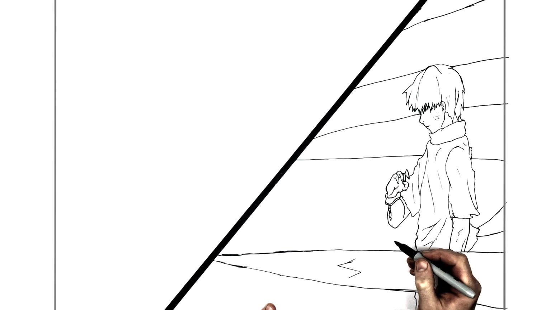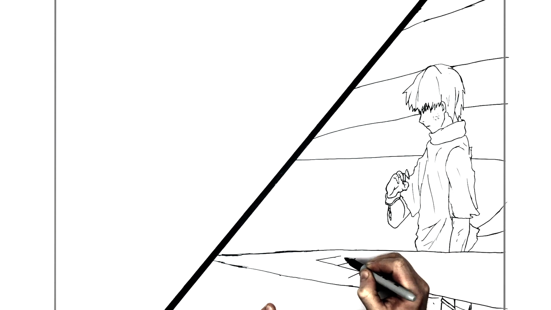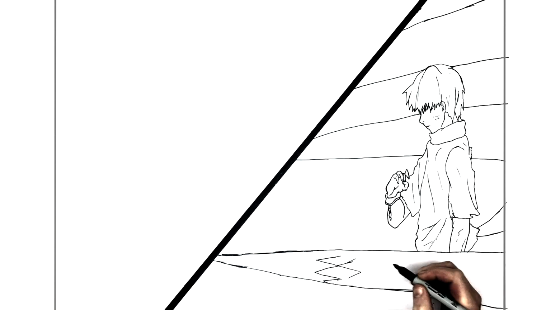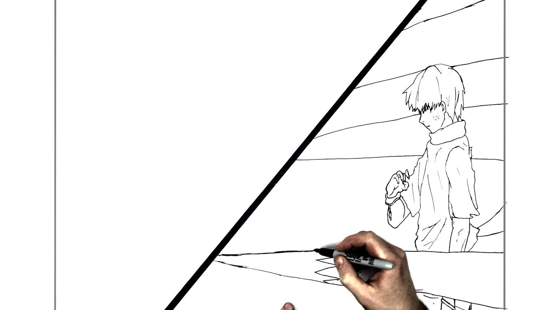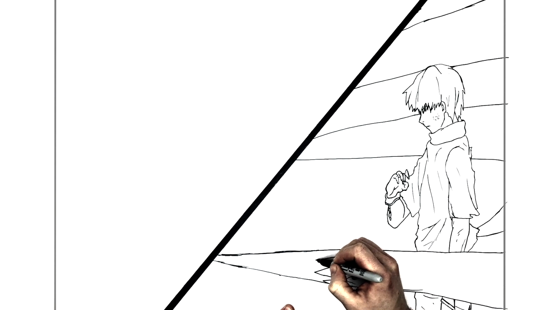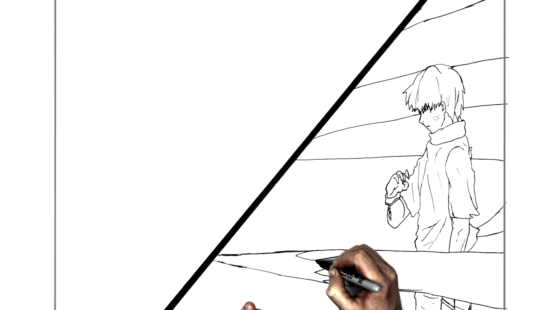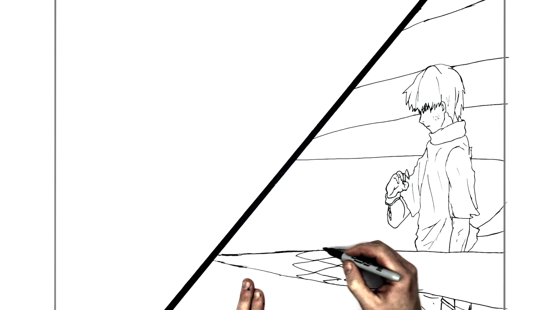So they're like lines going this way. Like so. So this kind of thing goes all the way towards the tip.